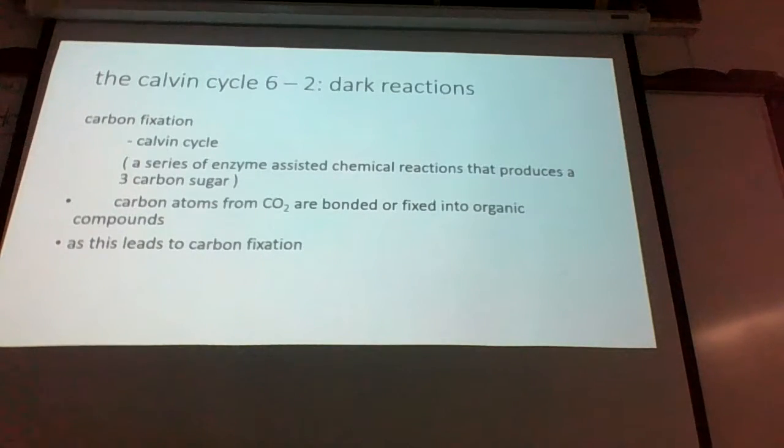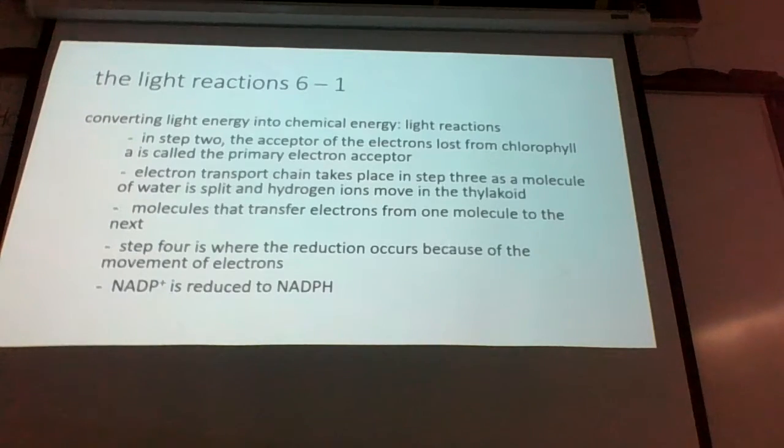Okay, and the end result, whether we're talking about the light reactions or the Calvin cycle, is the production of ATP. With the light reactions, of course, that happens with the split of water, and with the dark reactions, it comes from carbon fixation. Again, the biggest thing to keep in mind is that the production of ATP is what these plants are trying to accomplish.